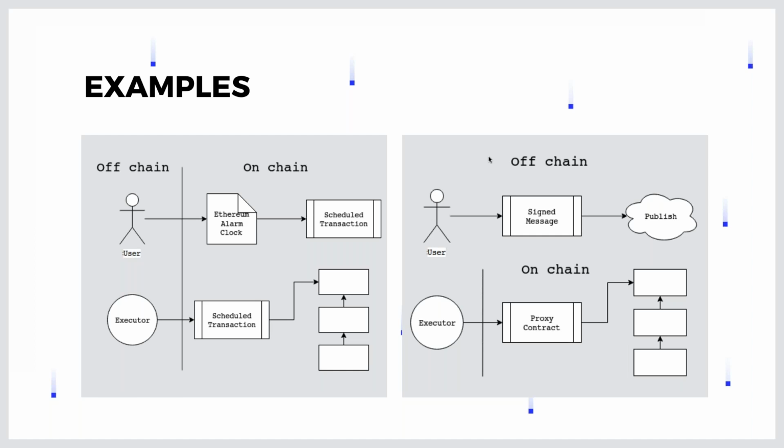We can distinguish between two different approaches. One is what we have in Ethereum Alarm Clock, which is an on-chain based execution market. We use Ethereum smart contracts to represent and coordinate the scheduled transactions, as well as the execution agents that scan the blockchain for those transactions and interact with them.